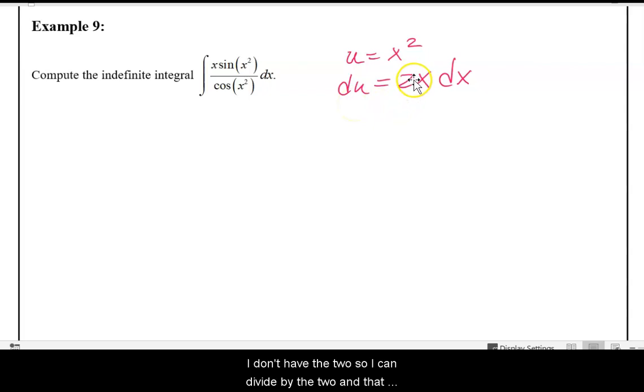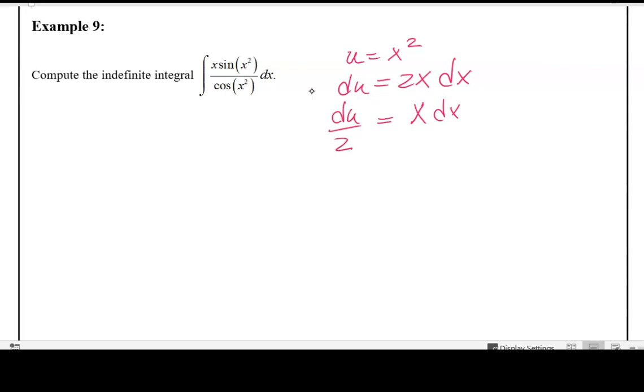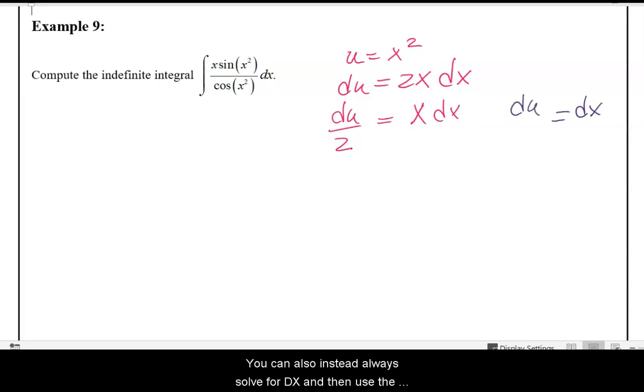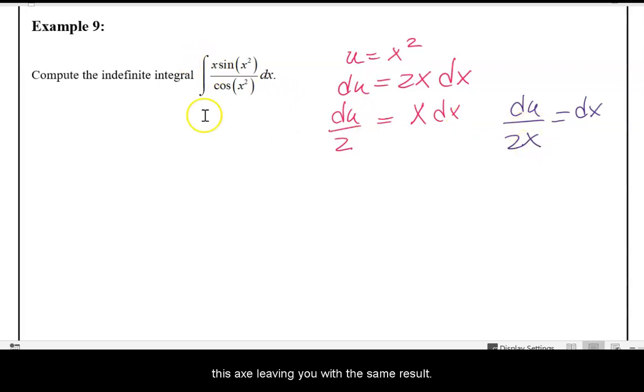I don't have the 2, so I can divide by the 2, and that would give me that x dx is equal to du divided by 2. You can also instead always solve for dx and then use the substitution for just dx. That would leave the x in there and it would cancel with this x, leaving you with the same result.